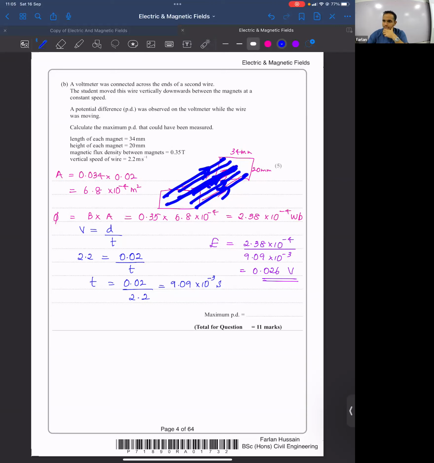It is not a coil, it's just a wire which is moving. So it will be the amount of flux cut per unit time, not a coil. If it was a coil, we would be calculating the area of the coil. That is a different type of question that we did earlier, where the magnetic field was passing through the coil. Now here the wire is cutting the magnetic field. It's a different story.